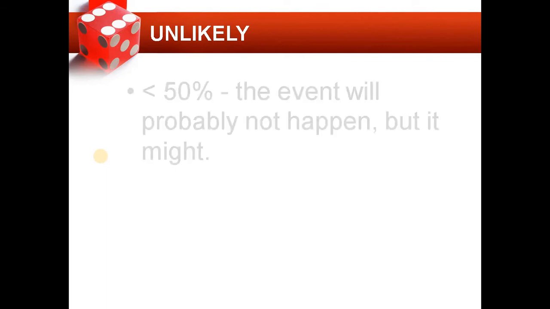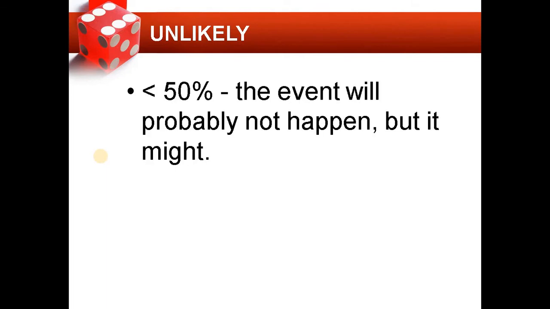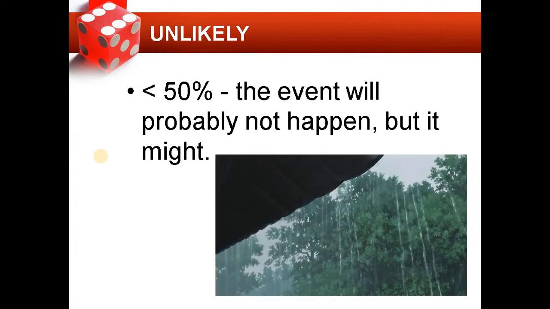Another one is unlikely. Unlikely is, on the other hand, less than 50% it will happen. So you are not very sure that it will happen, but it might happen. Let's say, for example, the season is summer, and you think that tomorrow or the next day it will rain.